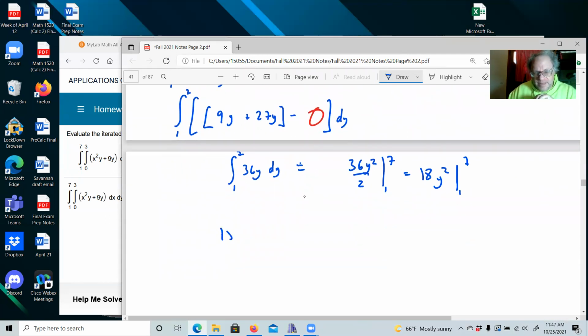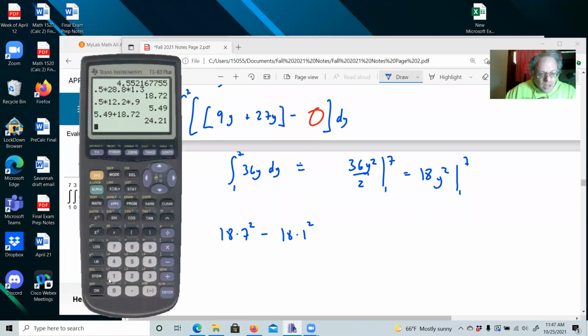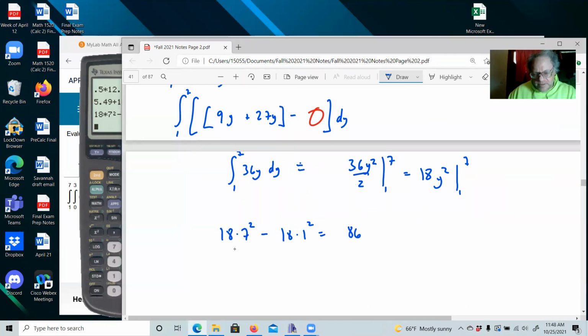So we have 18 times 7 squared minus 18 times 1 squared. Seems delightful. And we end up with 864.